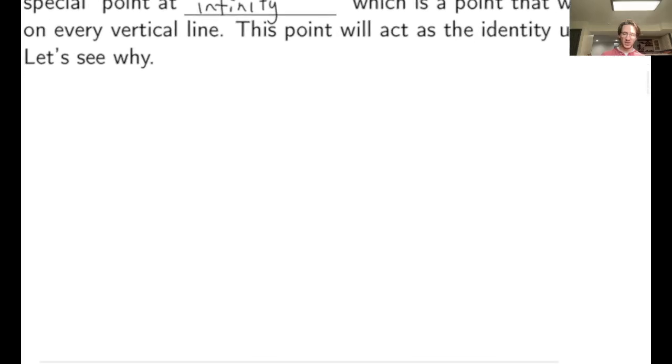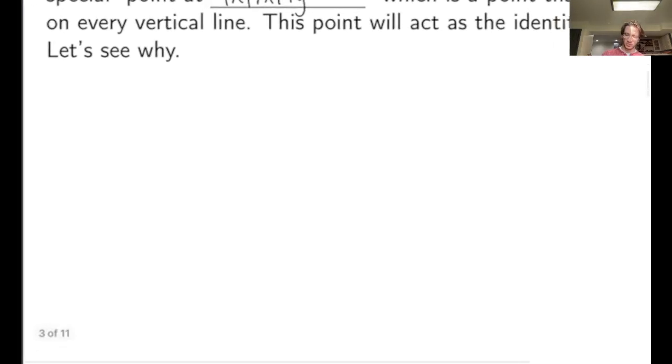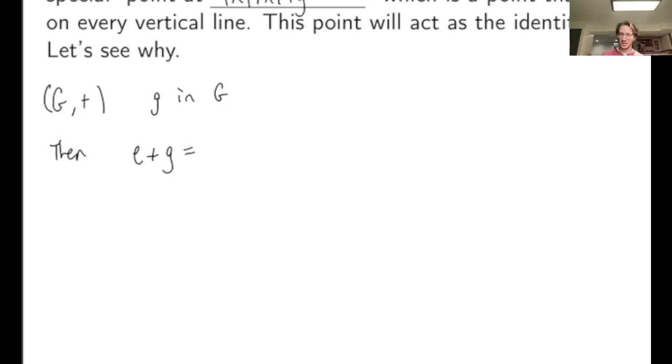As a reminder, if we're just talking about general groups for a second, if G is in the group, capital G, then the identity element is that special element E such that E plus G is just equal to G. It's 0 in the integers and the rational numbers and the real numbers.